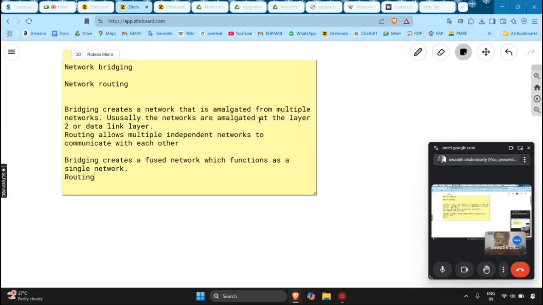Routing maintains the independence of the individual networks, whereas bridging creates a fused network which together forms a big network. So there may be small networks which join together to form a big network.